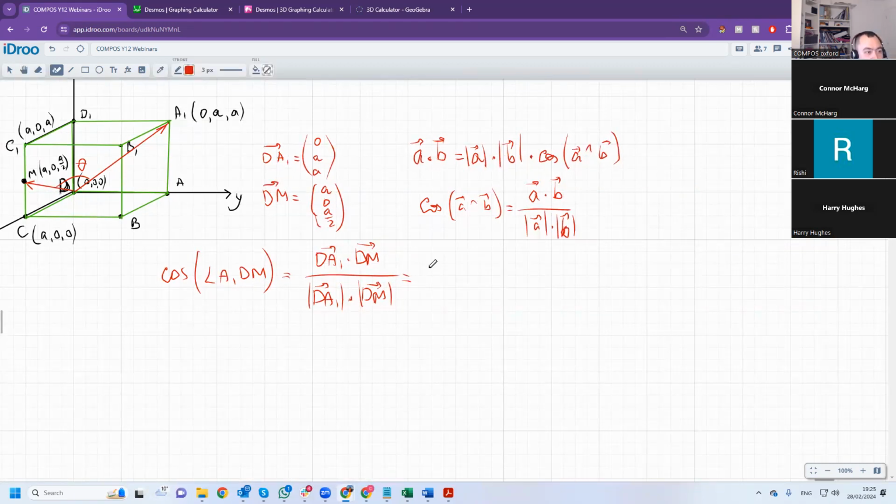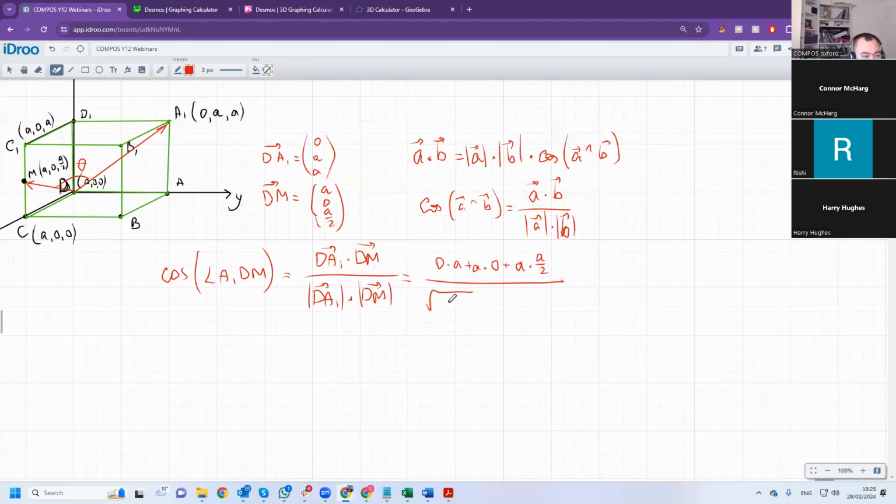And so DA1 dot DM is going to be 0 multiplied by A plus 0 multiplied by 0 plus A multiplied by A over 2. That's the dot product of the two vectors. And here we have the square roots.